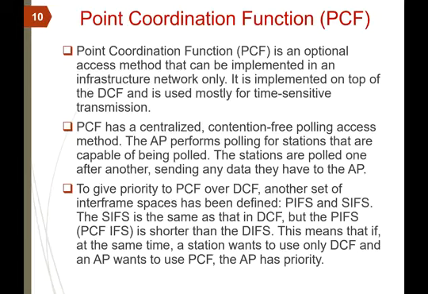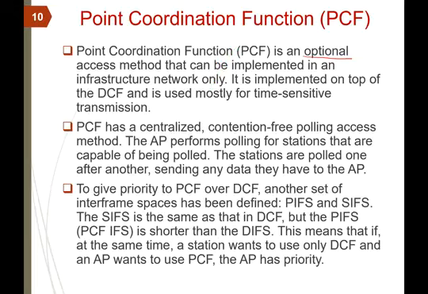We studied the access methods. We said we have random access, and we have controlled access, which can be like token ring, polling, reservation. So the point coordination function is a controlled access method, not a random access method. Point coordination function is an optional access method that can be implemented in an infrastructure network only. You cannot implement this in ad hoc mode, only in infrastructure. That means you need an access point.